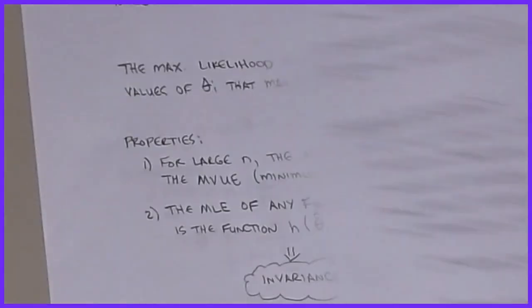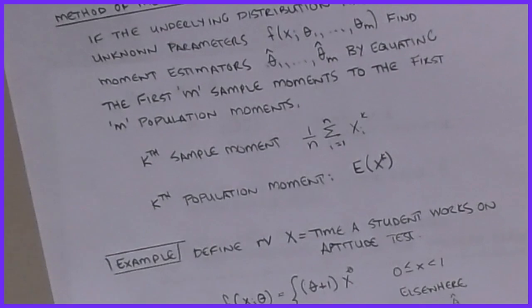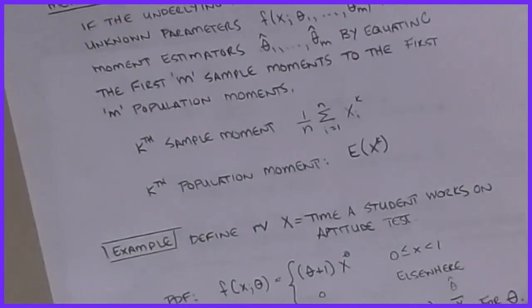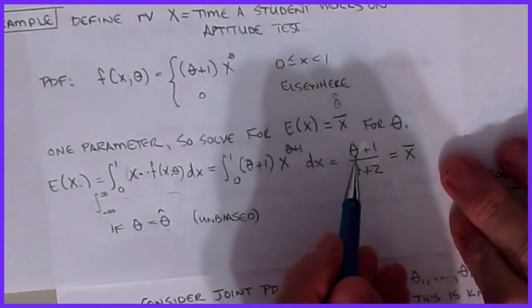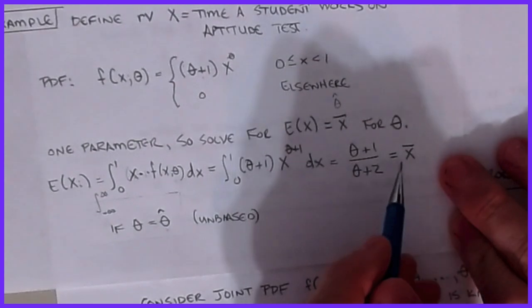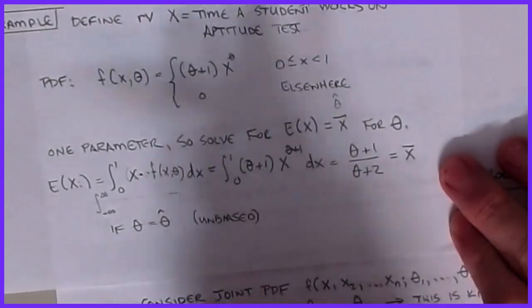Okay, so now we have an equation for (theta plus 1) over (theta plus 2) equal to my x bar, my sample mean on this.